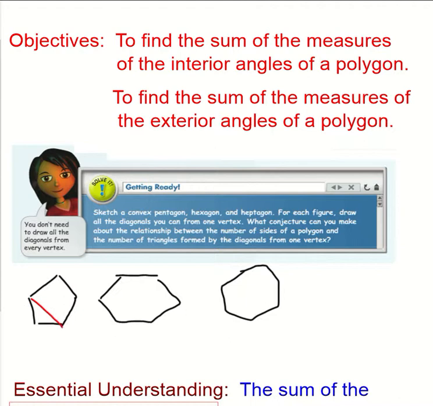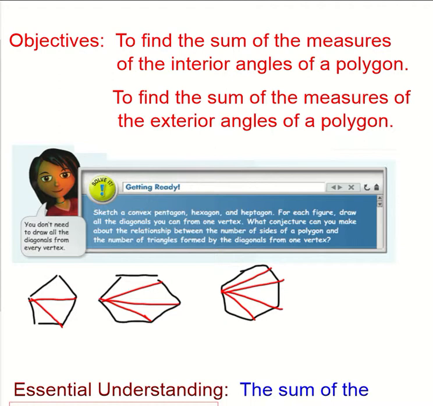So here I have 2 diagonals I can draw. Here, 1, 2, 3 that I can draw, and here I'm going to have 1, 2, 3, 4 that I can draw. It says, what conjecture can you make about the relationship between the number of sides of a polygon and the number of triangles formed by the diagonals from one vertex?